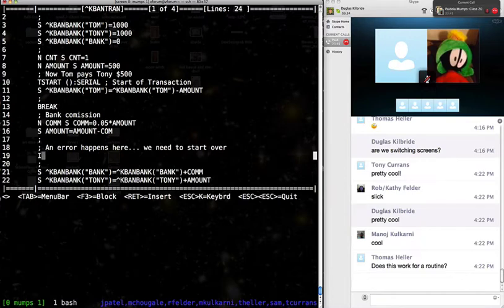So what we could do is simulate the error just by checking that count is equal to 1, which is our original value. So if count is equal to 1, set count equal to count plus 1, and then do restart the transaction.